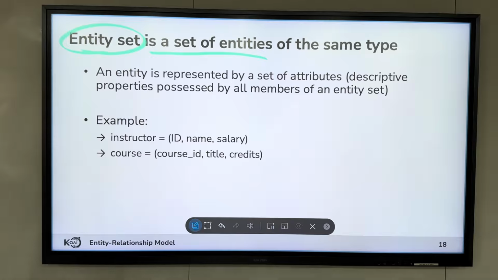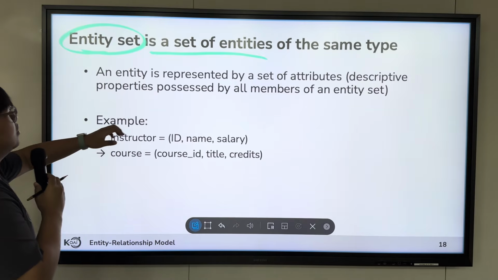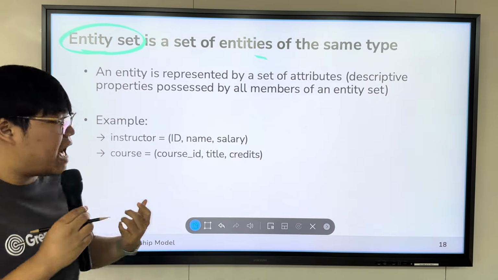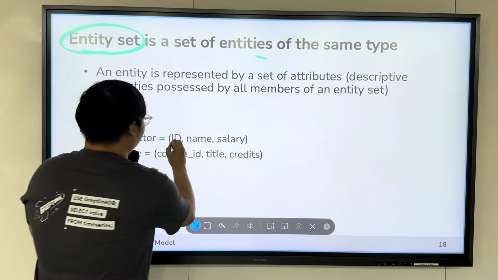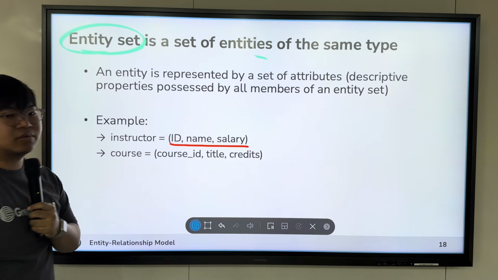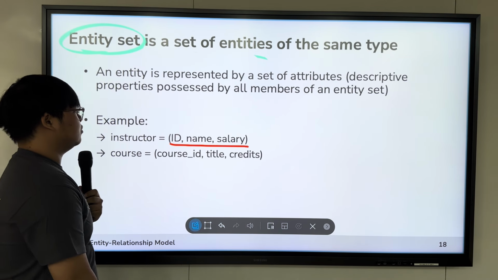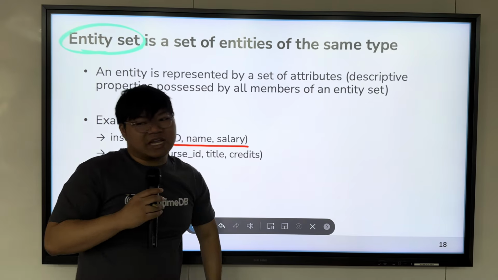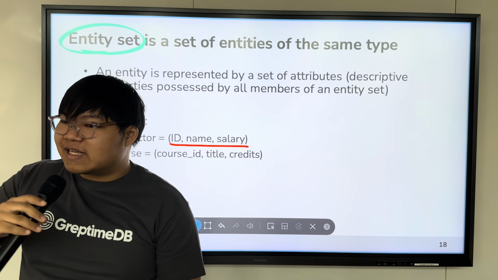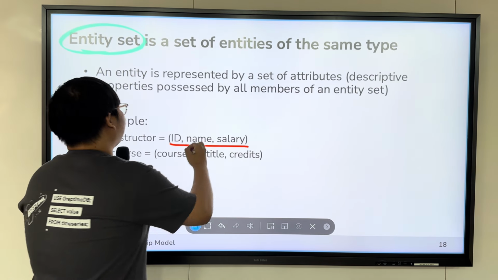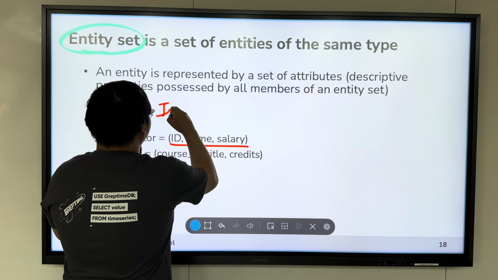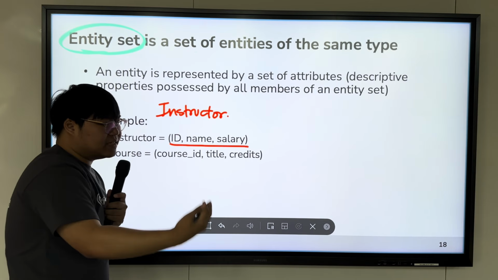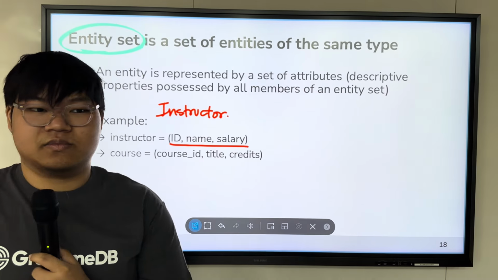When you represent an entity set, you represent it as a tuple of attributes. Actually, a set of attributes. For example, I have an entity set of instructors.